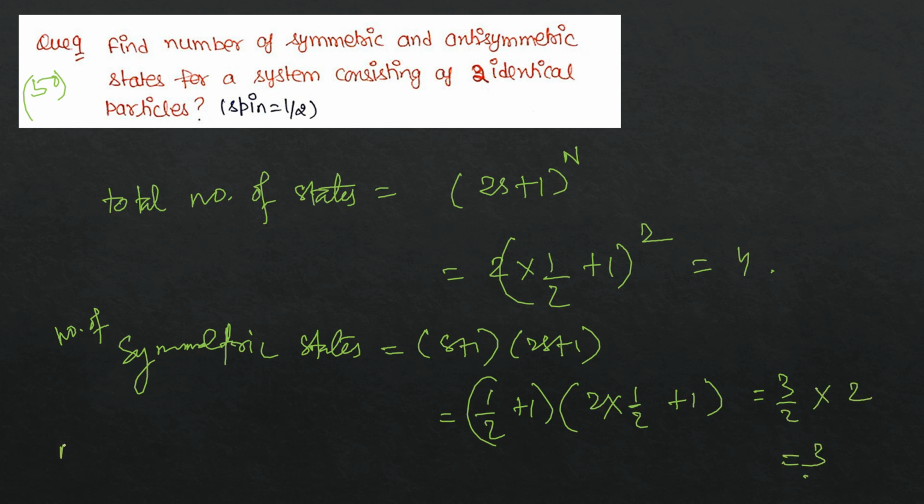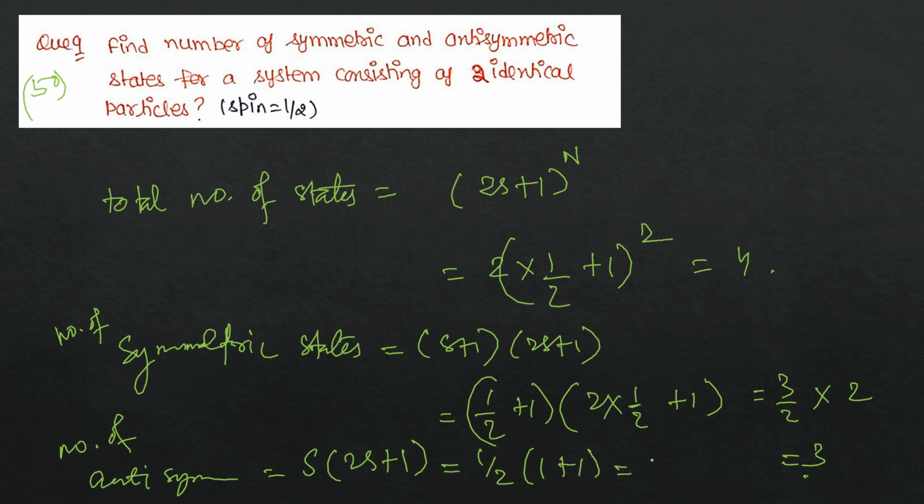Okay. Number of antisymmetric states will be s into (2s plus 1). These formulas you have to remember. This is 1. Okay. So 3 plus 1 is 4. Total number is 4. Alright. So this is question number 50.